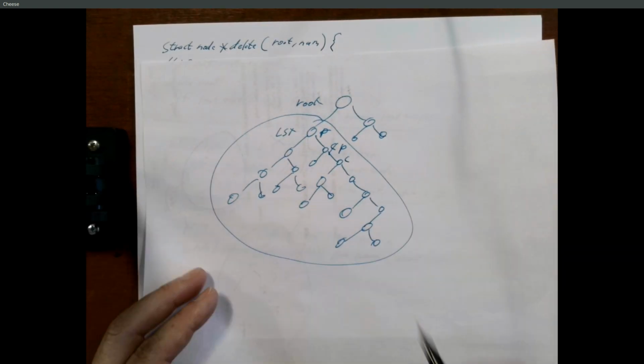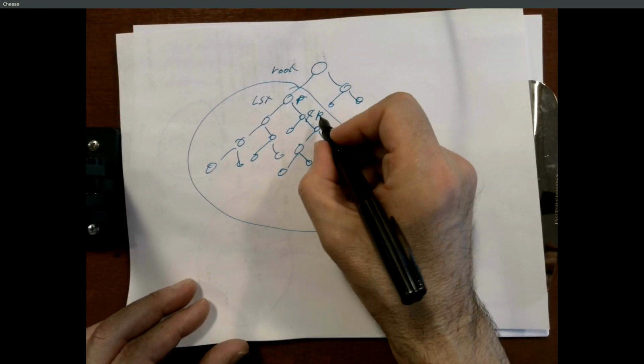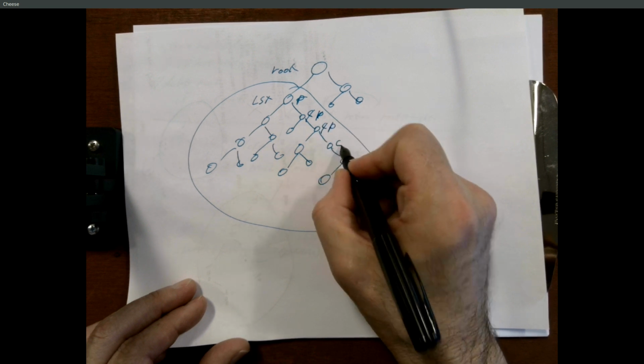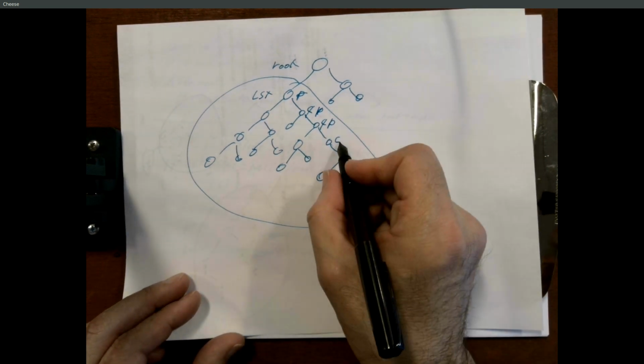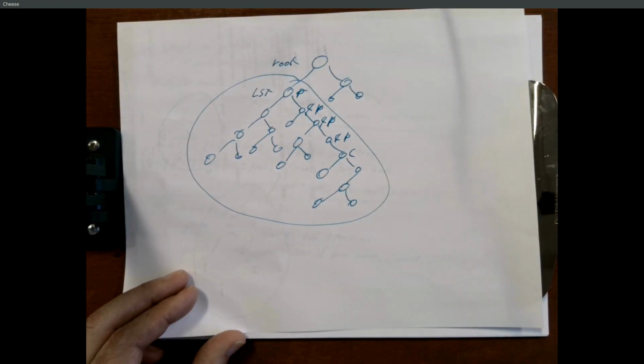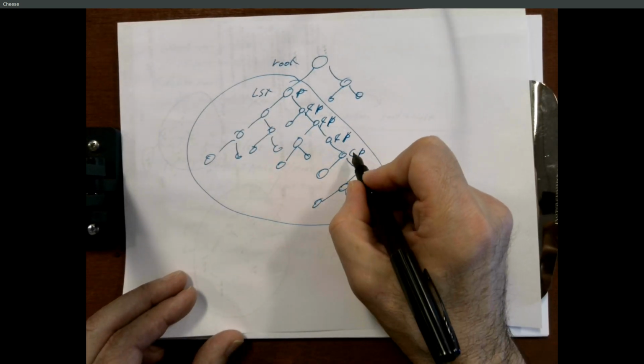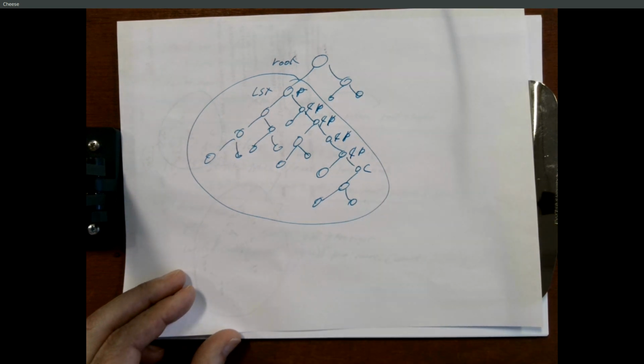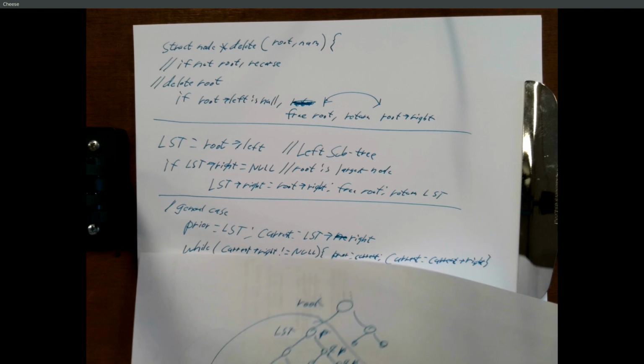Current right is not null, so set prior to current, current to current right. Repeat. Now current right is null, we'll kick out of the while loop.